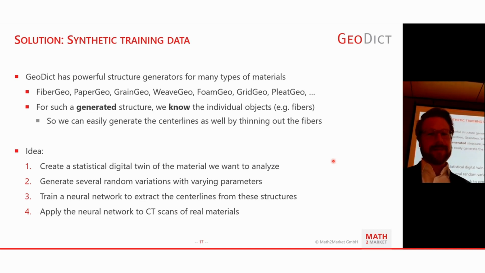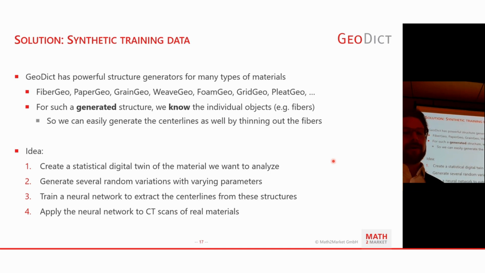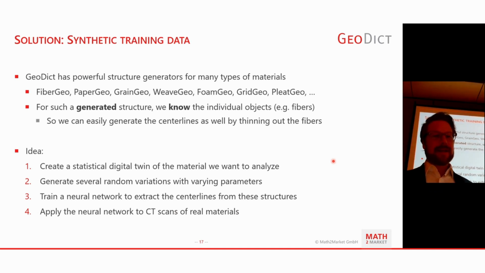So the general idea, before we go into the break, is then we create a digital statistical twin of the material or family of materials that we're trying to analyze. Then we generate several random variations of this material, so we have basically a distribution of materials which covers the materials that we expect to analyze.